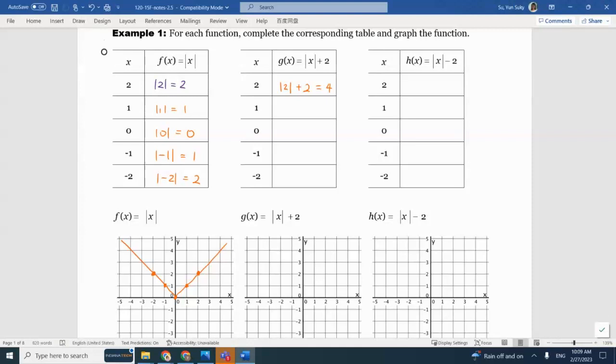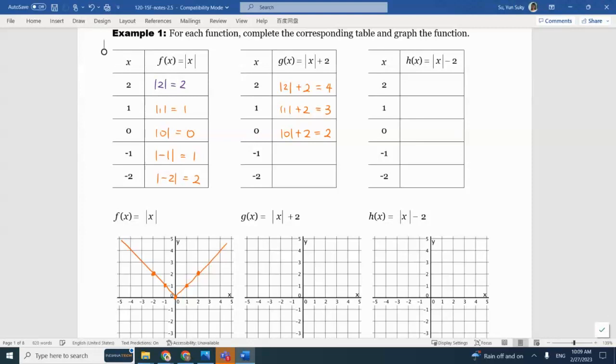Quinton, what if we plug in 1? What do we get? Yes, and that is 3. Yes, very good. And so let's go this way, and then at the back, and then the front, and then this side. Next. Yeah, absolute value.